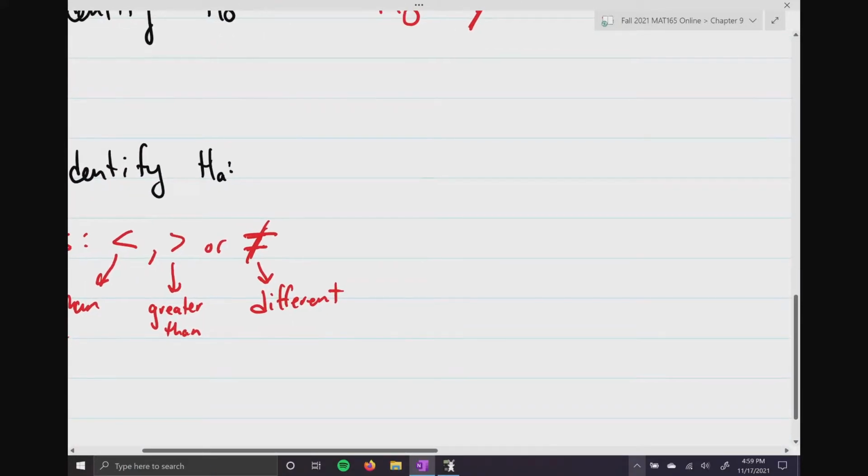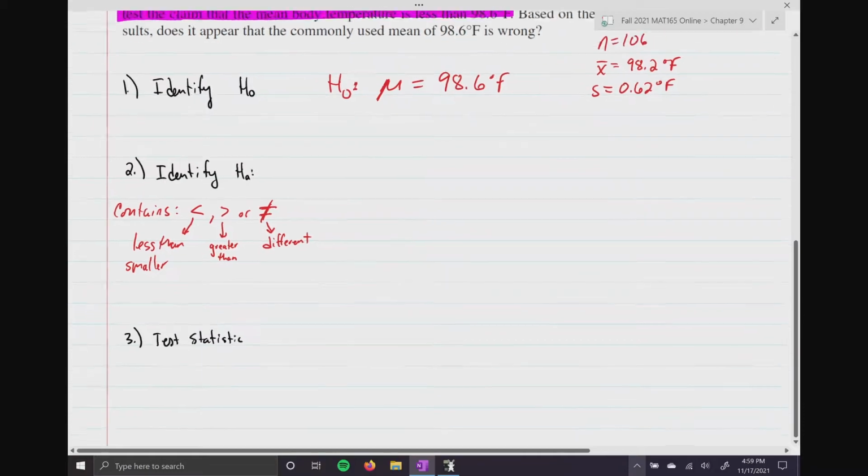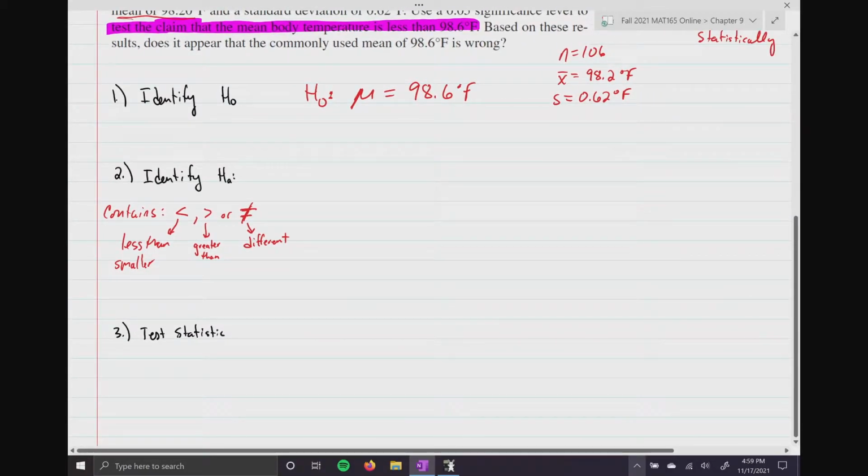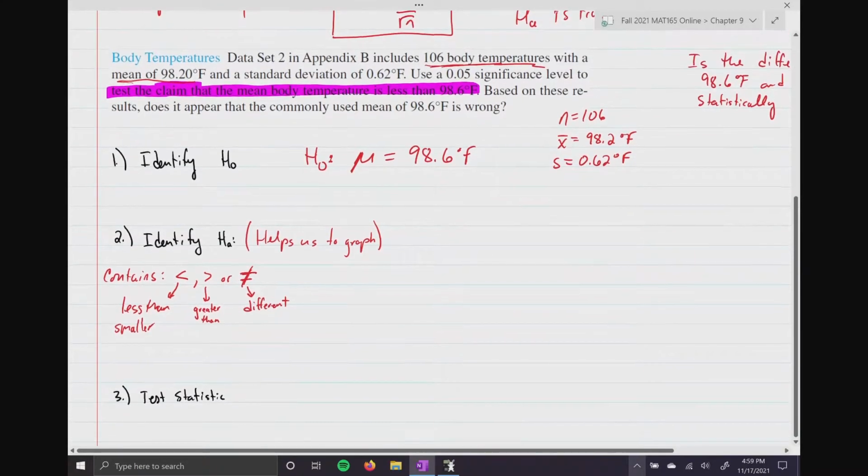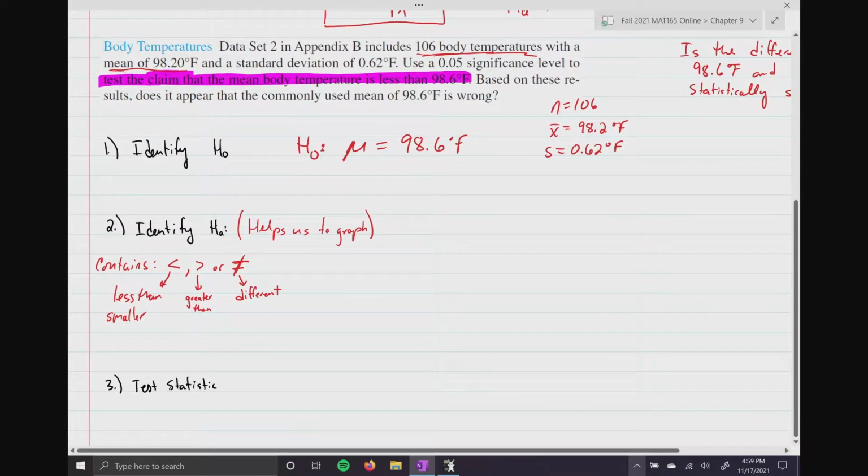Now, there is a reason why we have to know them. The alternative hypothesis helps us to graph. And I'll show you what that looks like in a little bit, okay? So our alternative hypothesis comes from the problem, and in fact, it's already highlighted in that purple color. Maybe I shouldn't use that purple color. Maybe I'll use a different color.